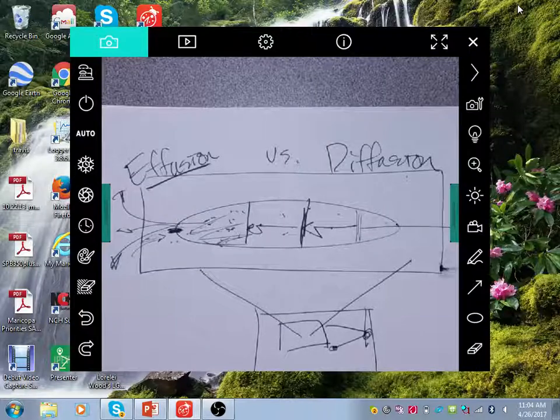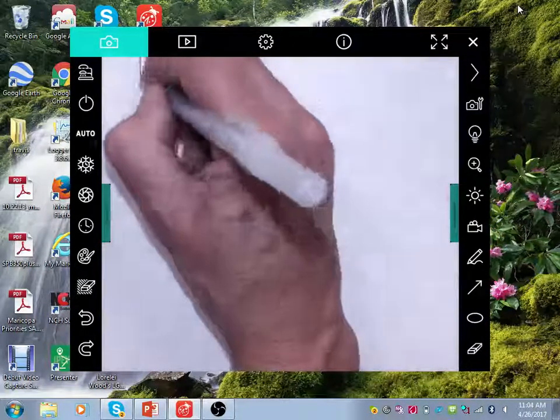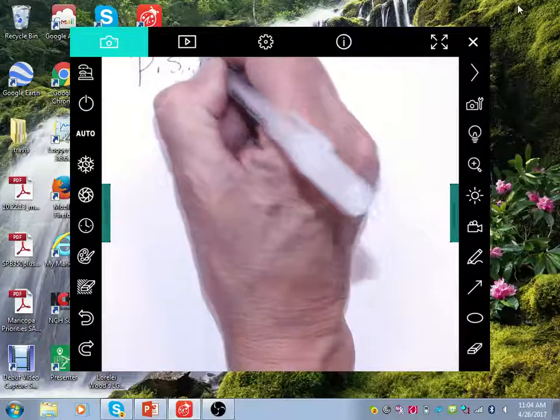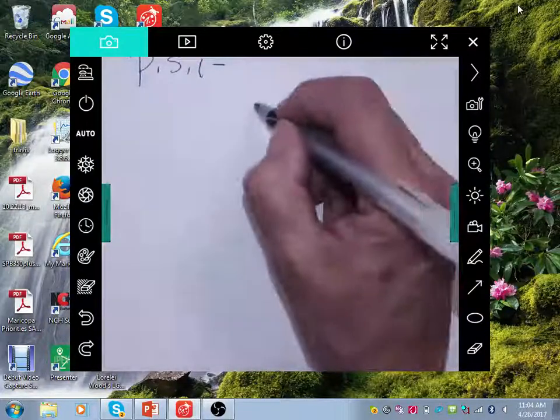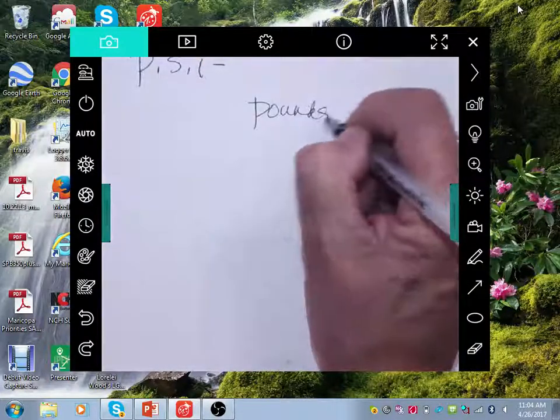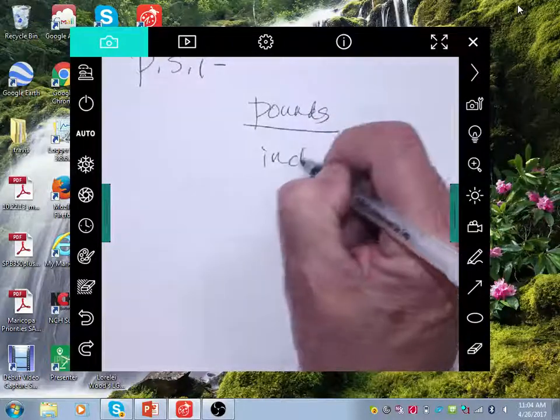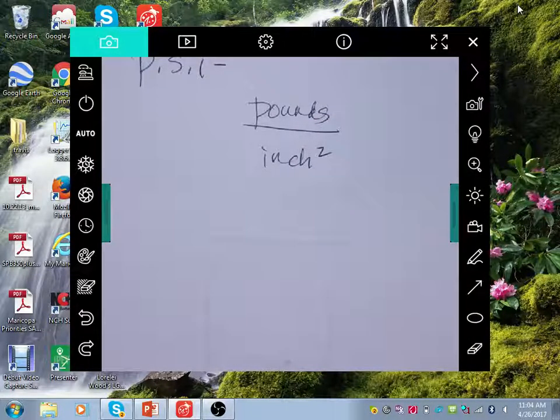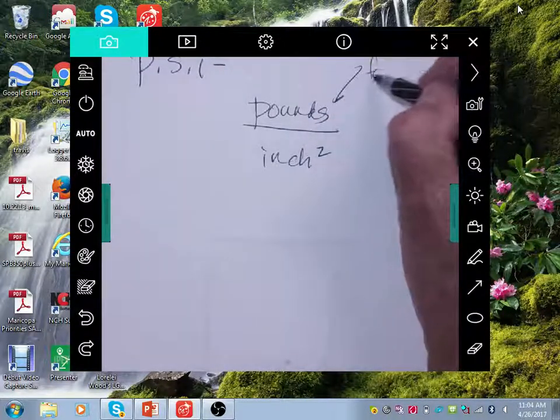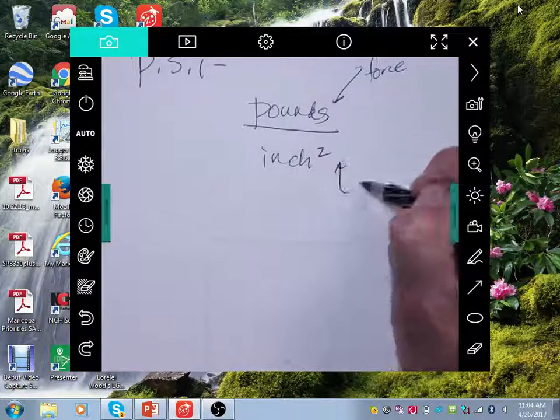You guys travel to school every day on a little cushion of air that you have to measure the air pressure of. What generally are the units that you measure the air pressure in the tires of your vehicle? PSI, which stands for pounds per square inch. So there's the force per unit of area.